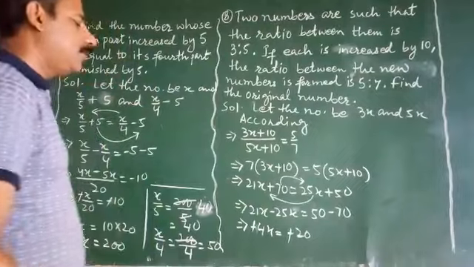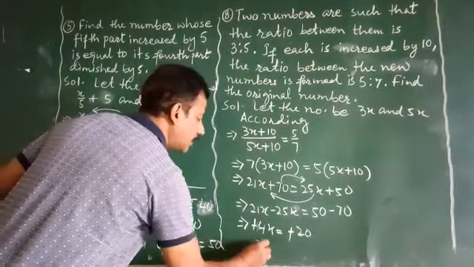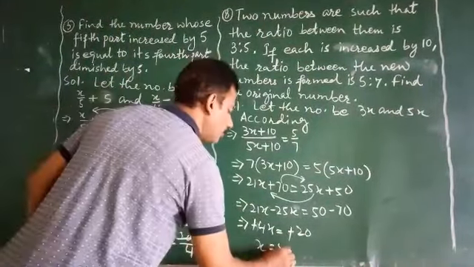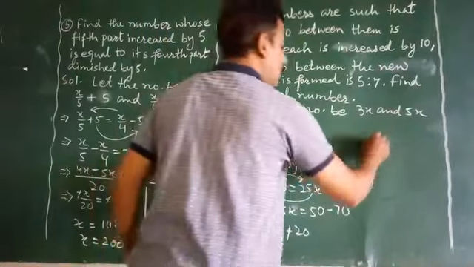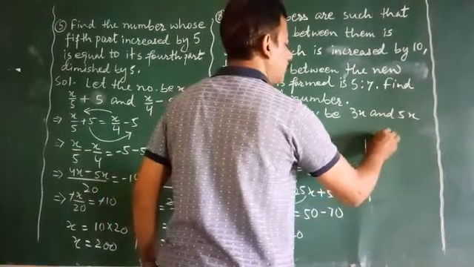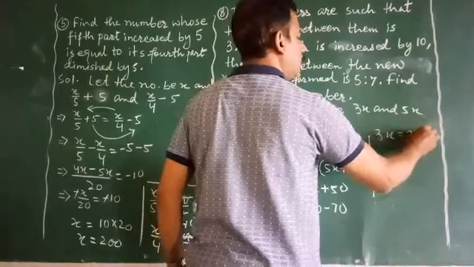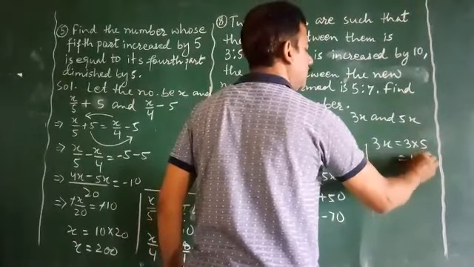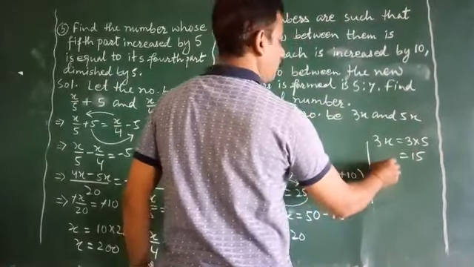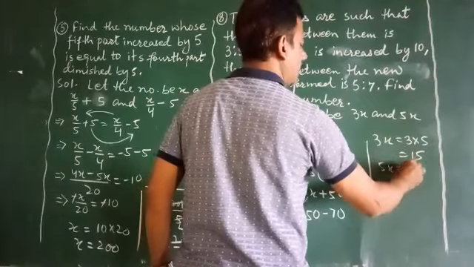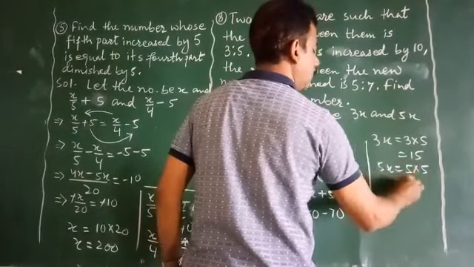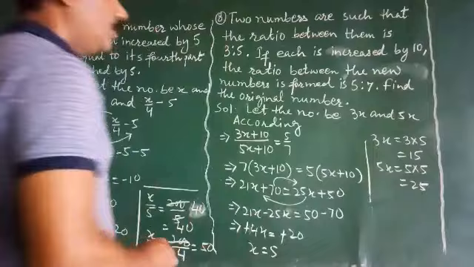The minus sign cancels from both sides. The value of x is equal to 5. Hence the numbers are 3x equals 3 into 5 equals 15 and 5x equals 5 into 5 equals 25.